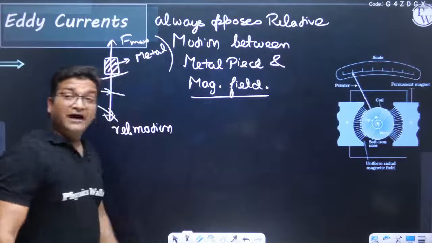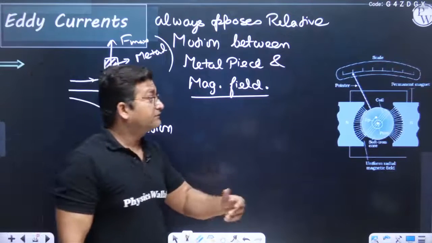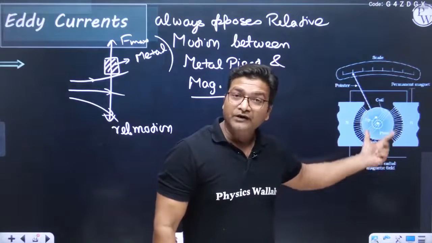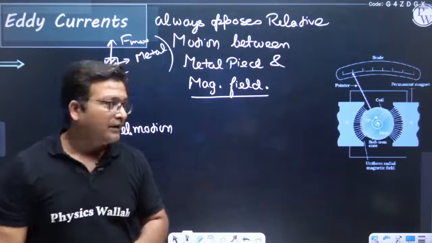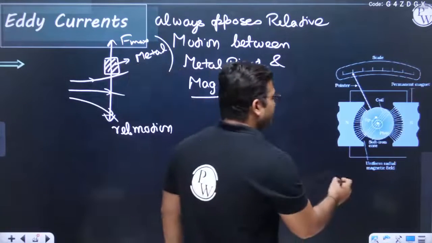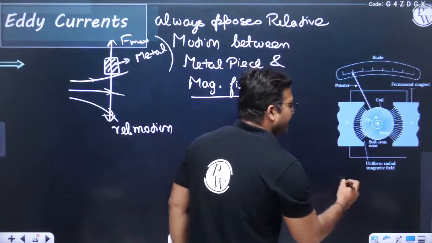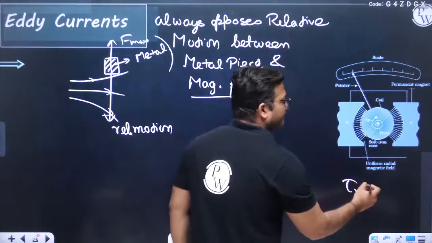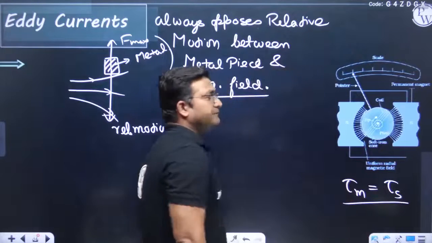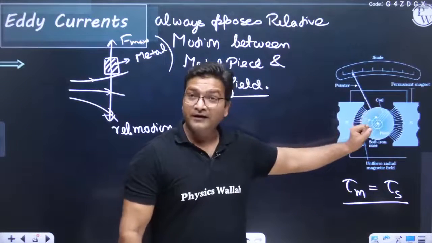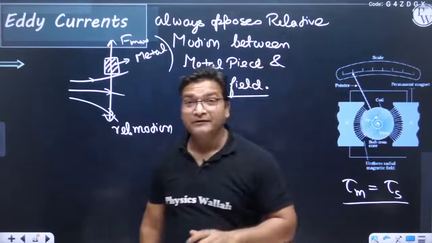A very good example of eddy current was this moving coil galvanometer. I think you remember I talked about this, that whenever the magnetic torque and spring torque become equal, there is equilibrium of the coil or equilibrium of the pointer.